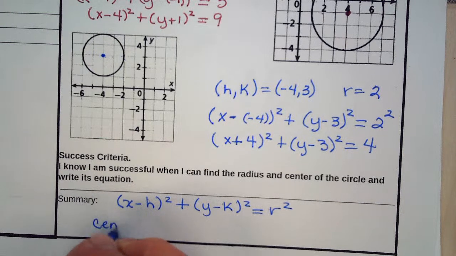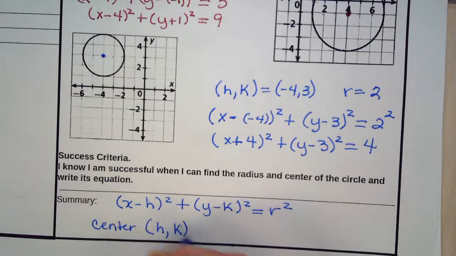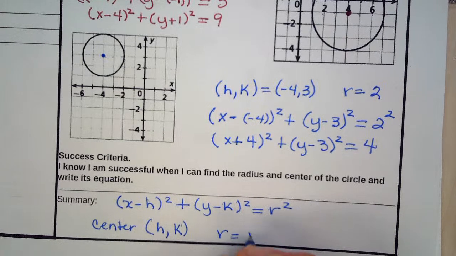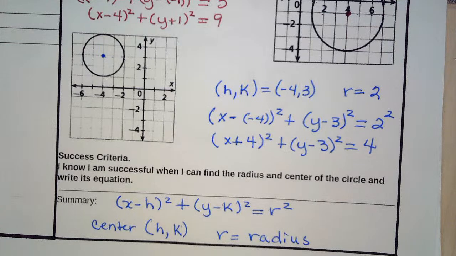Your center is (h, k). r is your radius. If there's anything you're not understanding, please back the video up and look at it again.